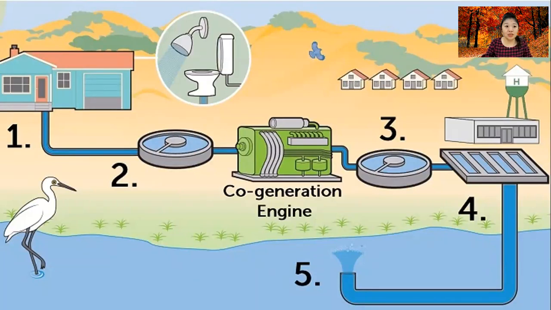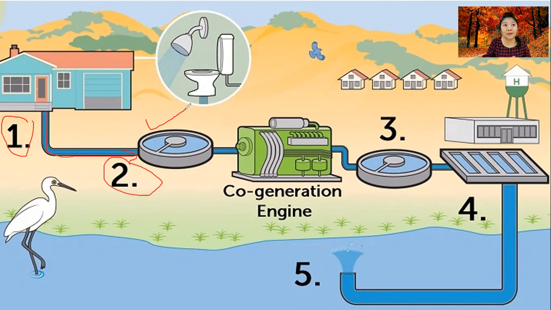So this is the total process that is involved. This is step one: from your house, after you use the water, you will flush it. This is step two, and then you will see this. If you stay in a residential area, you will always see it in your residential area.